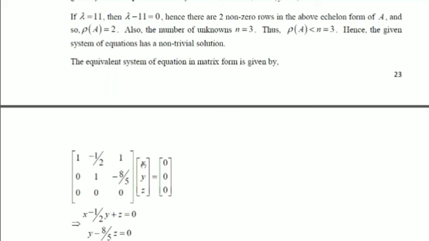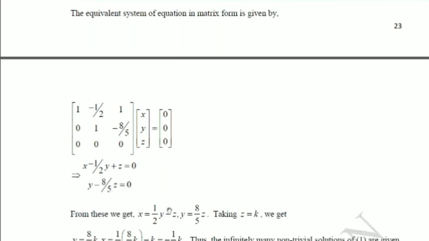First row with first column: 1 into x minus half into y plus 1 into z equal to 0. 0 into x plus y into 1 minus 8 by 5 into z equal to 0. Only this much you are having. Now send this minus 8 by 5 into z to this side. That will give you y equal to 8 by 5 into z.